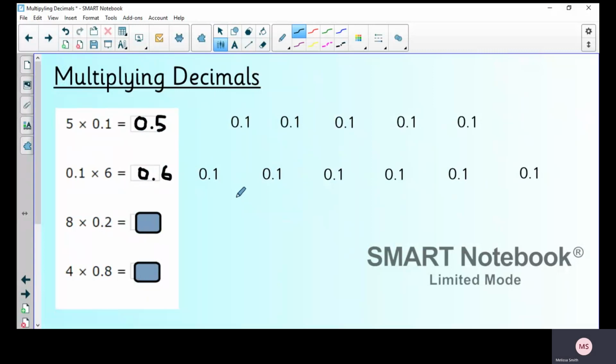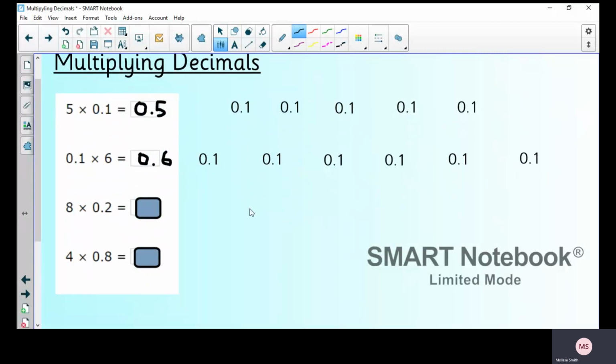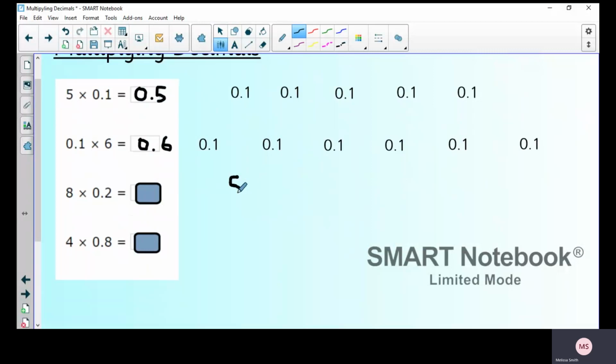Okay, before I show you the answers to those two, there is also another way that we can multiply decimals. This method is a nice visual way to see it when our numbers are really small, but what happens if we get numbers which are bigger? So let's have a look with this question. I've got 8 multiplied by 0.2.